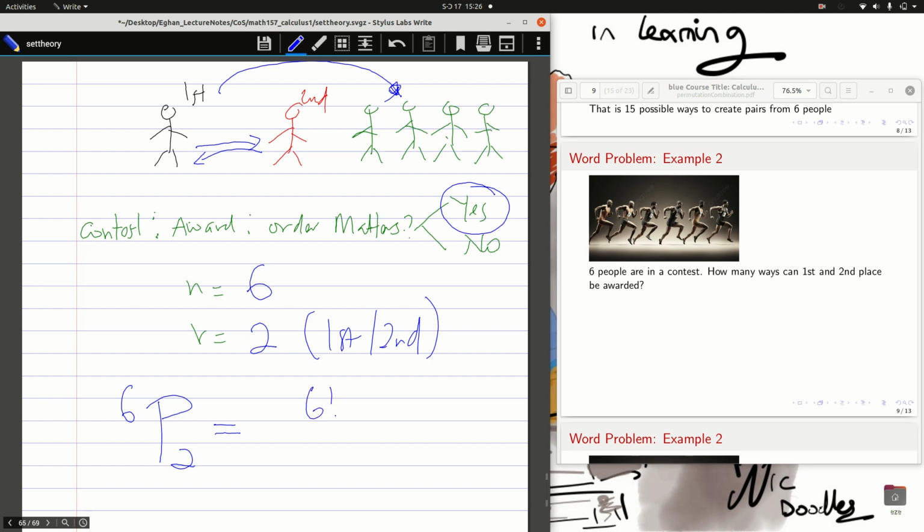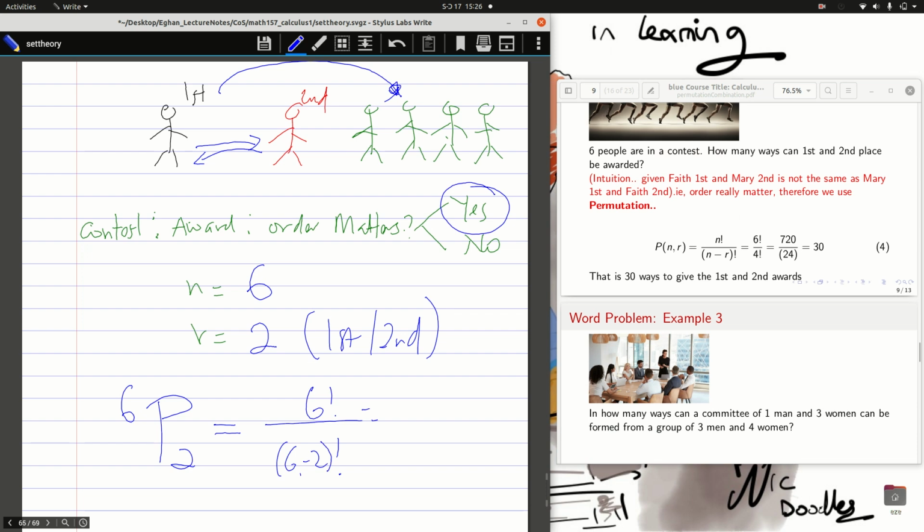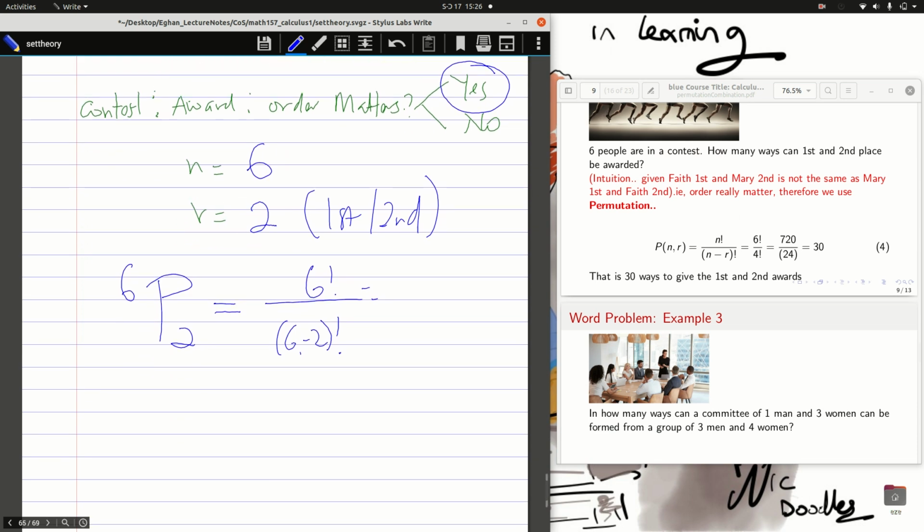So 6 factorial over 6 minus 2, all factorial. And then use your calculator to do this, and then you have 30 ways. This is n factorial over n minus r, all factorial, because there are no repetitions. So you have 30 ways to award the first and second position to these 6 contestants.